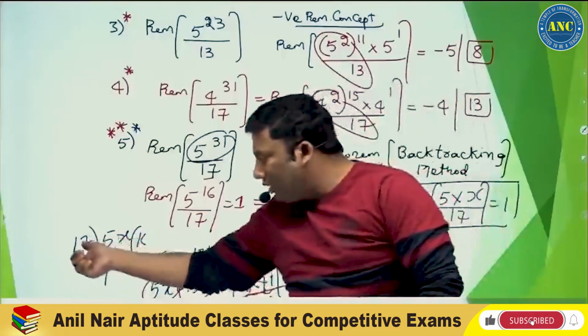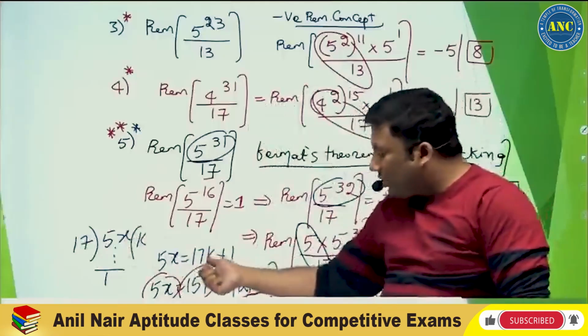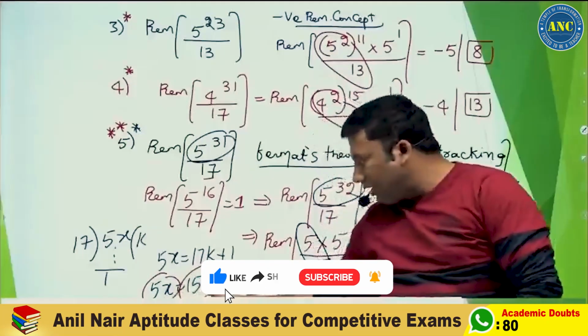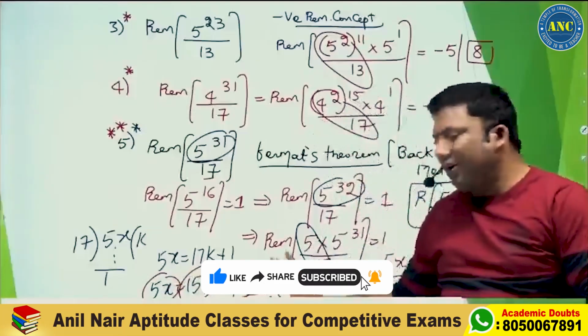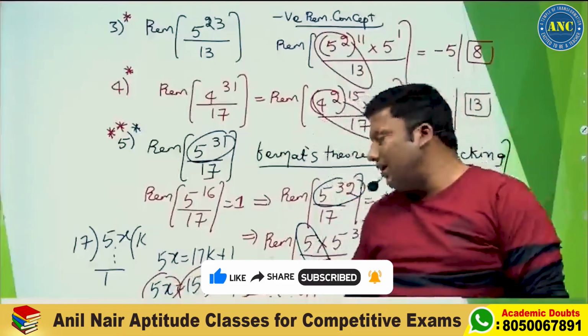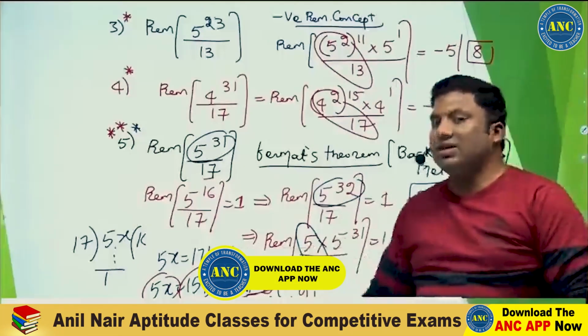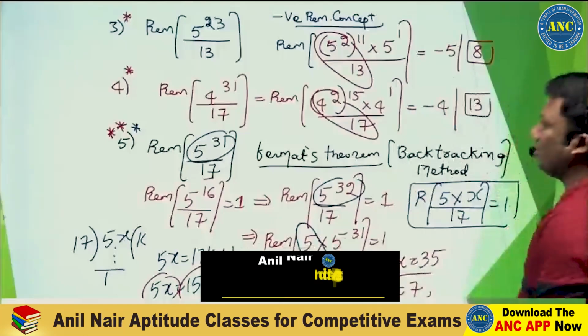Dividend equals divisor into quotient plus remainder: 5x equals 17k plus 1, which is 15k plus 2k plus 1. Divisible by 5, so 2k plus 1 should be divisible by 5. K minimum is 2. 5x is 35. X is nothing but 7.